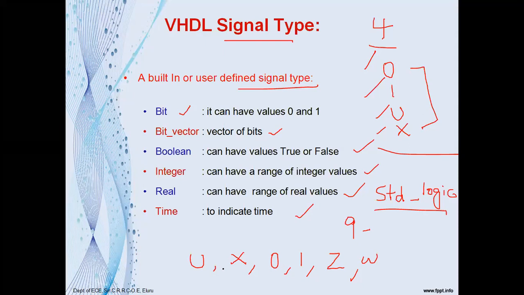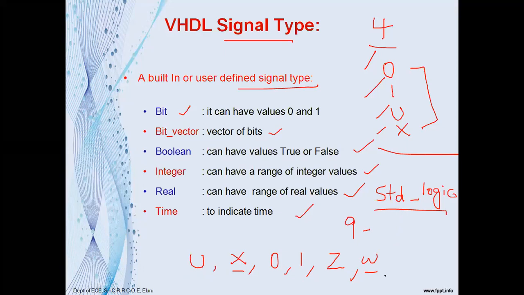unknown. So here X is a forcing unknown, right? It is a strong unknown, and a weak unknown is also available if you use the standard logic package.